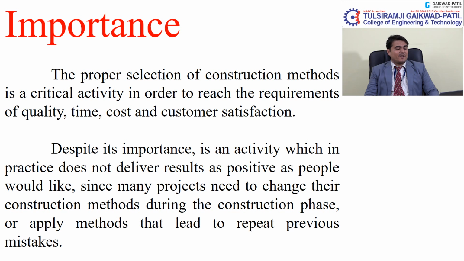Many projects need to change their construction methods during the construction phase, or apply methods that lead to repeating previous mistakes. We need to either change the method, provide some alternatives, or improve our existing project methods in order to achieve economy, save time, and meet customer satisfaction.